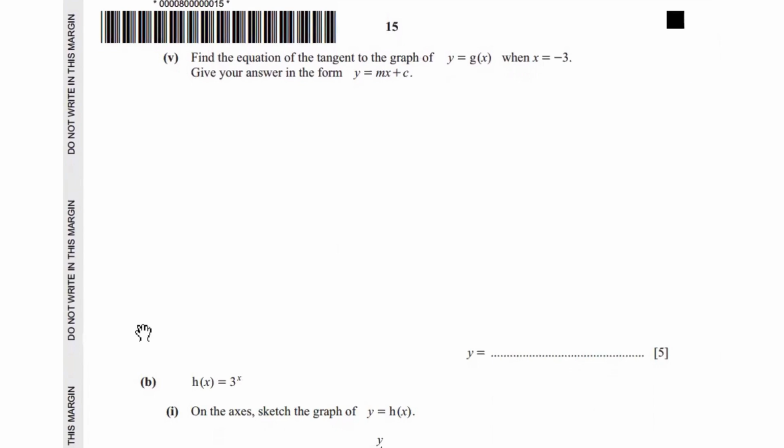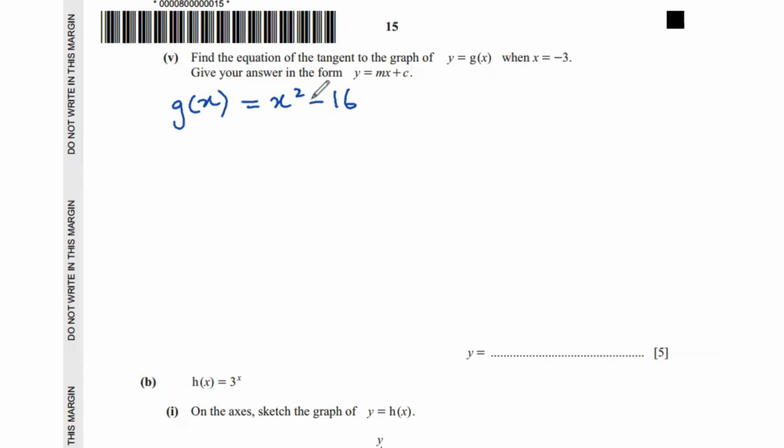Then it says find the equation of the tangent to the graph of y equals g of x, where x equals -3, and give your answer in the form y equals mx plus c. So g of x was x squared minus 16. They want the equation of the tangent of the graph when x is -3. Remember, the gradient of the tangent and gradient of the curve are exactly the same.